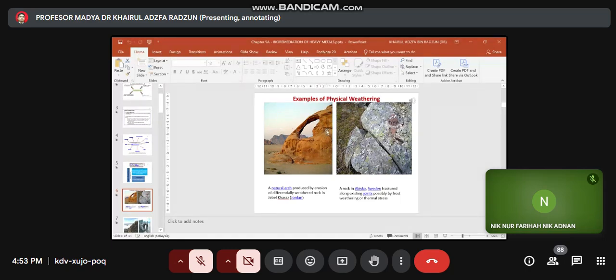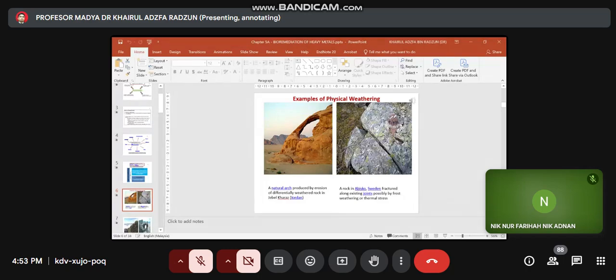Because of that, some part of this particular boulder has been lost through this weathering process and broken down into small pieces and fallen on the soil at the bottom of this boulder. Okay, all right.